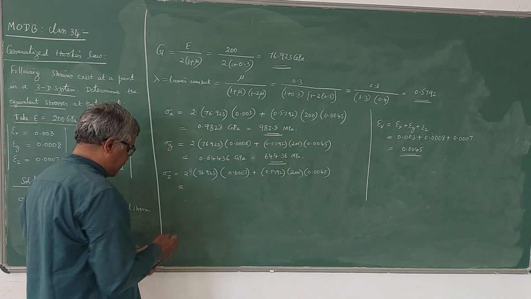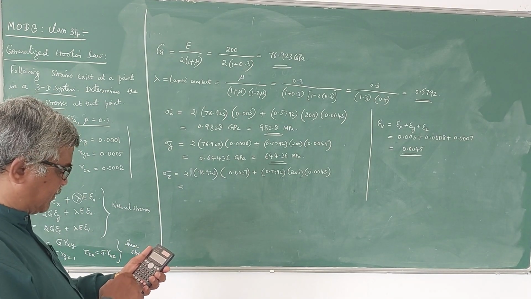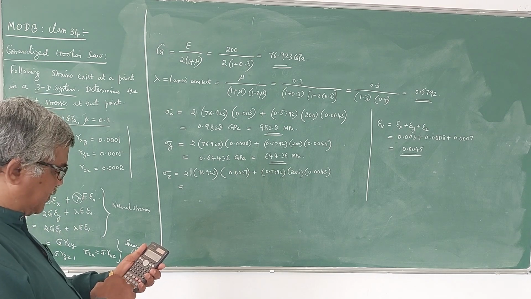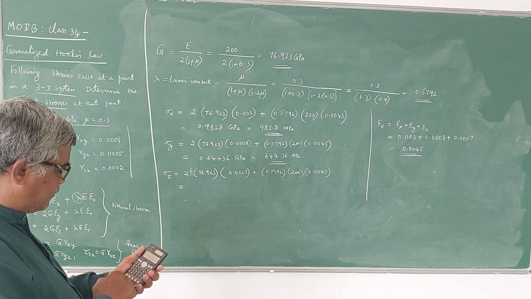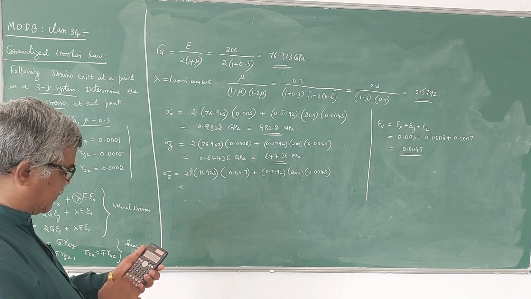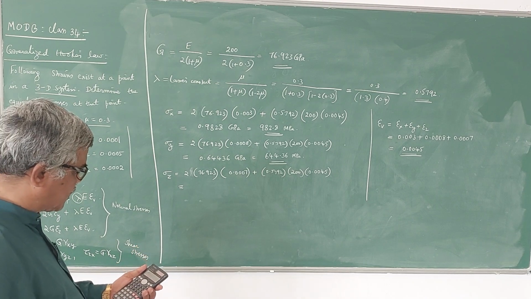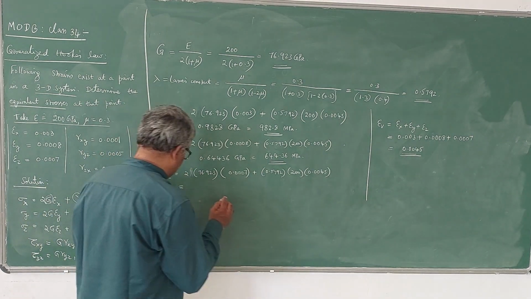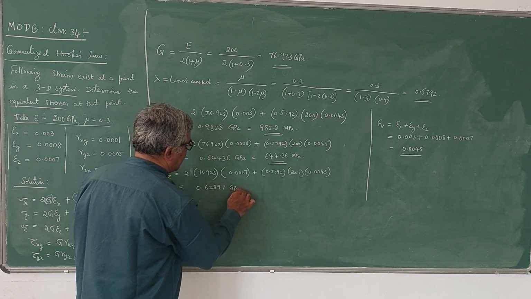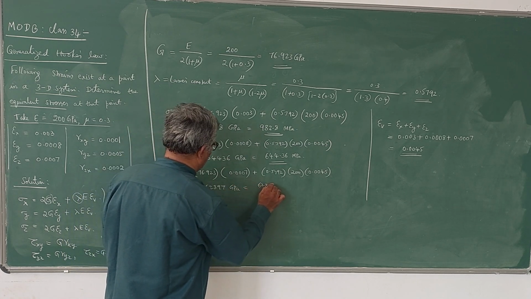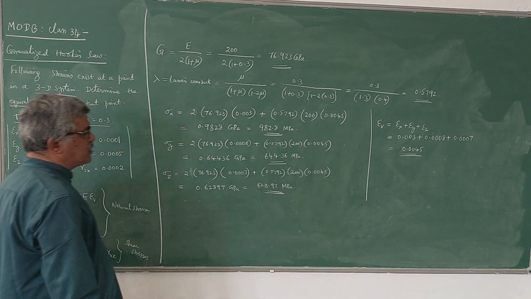If you simplify this, you will get 2 into 76.923 into 0.307 plus 0.5792 into 200 into 0.0045. The value is 0.62897 GPa, or into 1000, that is 628.97 MPa. So these are the normal stress values at that point.